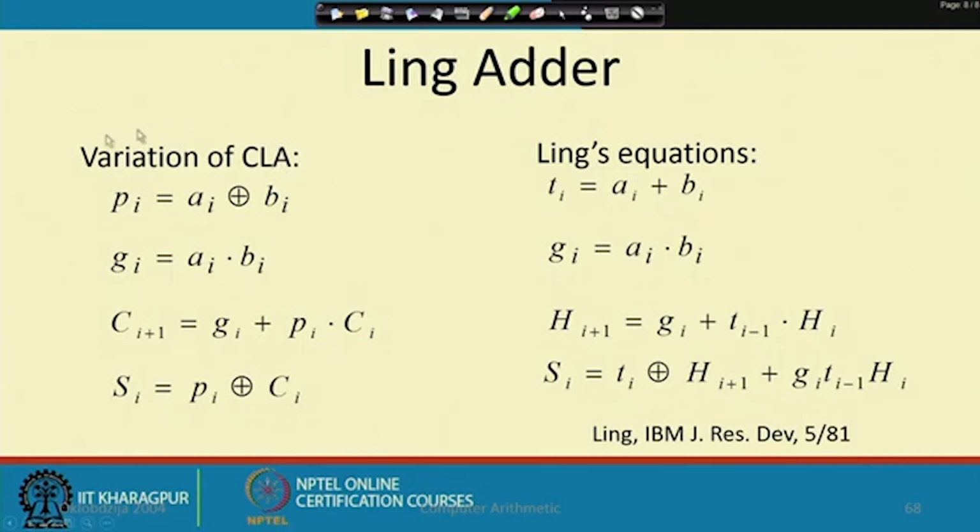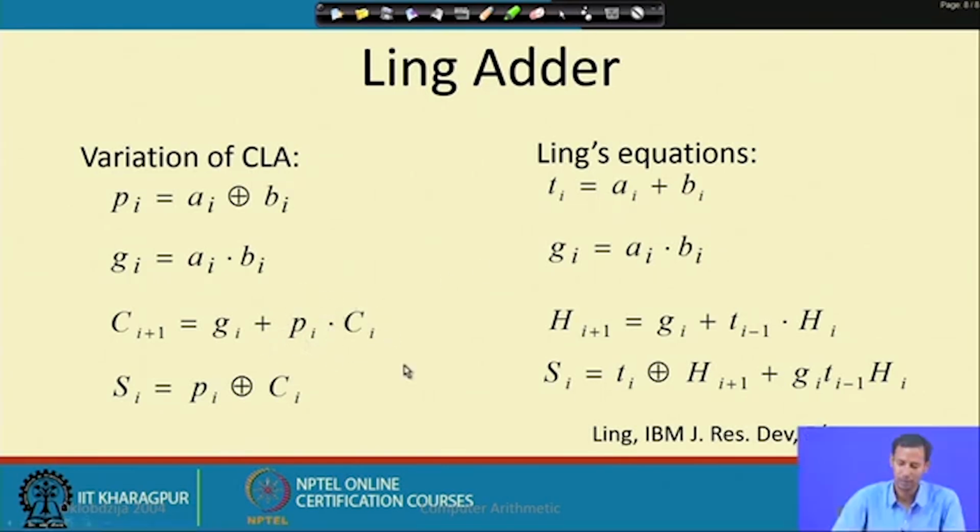This is the basic CLA operation: the P(i) signal is A(i) XOR B(i) and G(i) is A(i) dot B(i), whereas C(i+1) is generated from G(i) plus P(i) into C(i), and S(i) is generated from P(i) XOR C(i). But according to Ling's equation, they have modified the equation so that it reduces the number of terms.